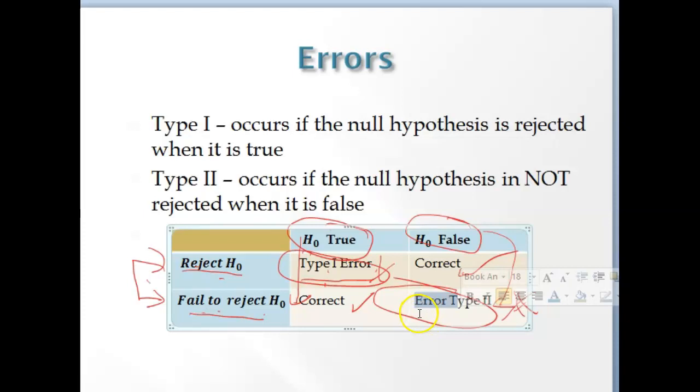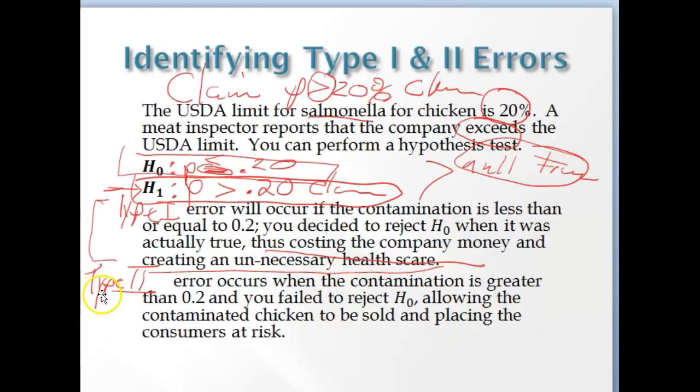So we failed to reject a null hypothesis when it is actually false. What would happen is that if this null hypothesis is false, which means that the contamination is greater than 0.2, then the contaminated product goes out to market, and that could result in that contaminated product being sold, which would put the consumers at a health risk. So those are the two different types of errors that we make in hypothesis testing.